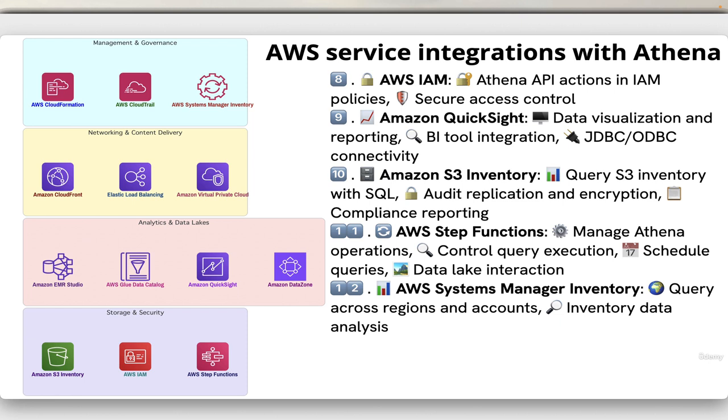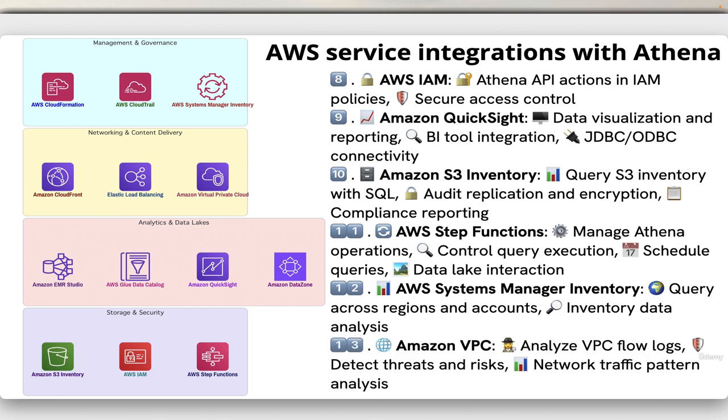AWS Systems Manager Inventory collaborates with Amazon Athena for querying inventory data across multiple AWS regions and AWS accounts. Amazon VPC. Amazon Virtual Private Cloud flow logs provide IP traffic details in VPC network interfaces. You can analyze these logs in Athena to detect network traffic patterns, threats, and risks within your Amazon VPC network.